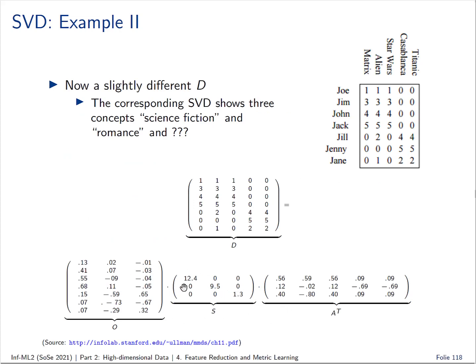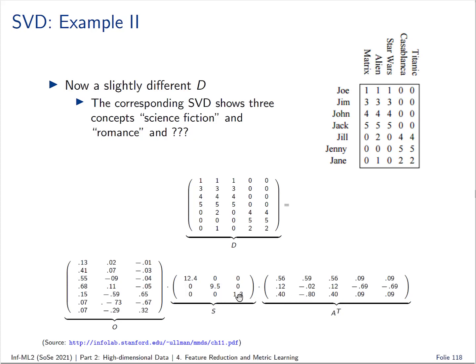If we then compute all that, the corresponding row in A transposed and the corresponding column in O would be erased, because if we set that to 0, all the corresponding rows and columns will be multiplied with this 0, meaning that they have no impact. So that is the reduction actually.